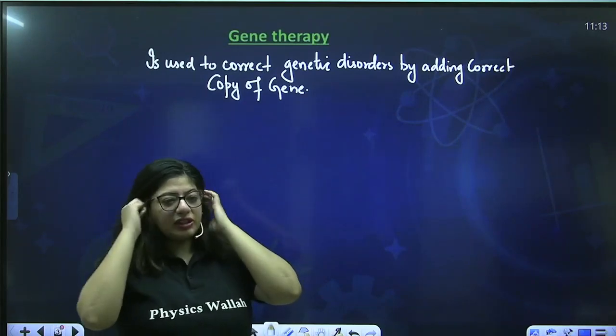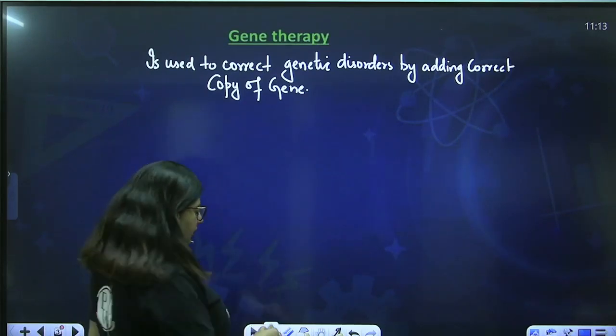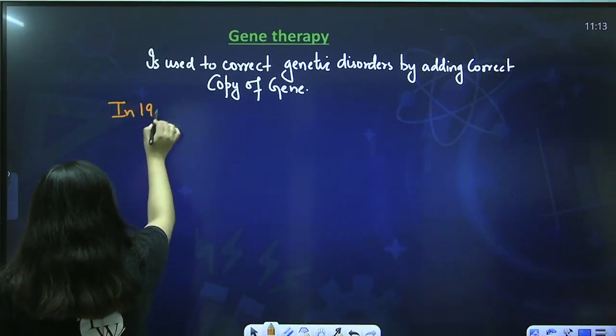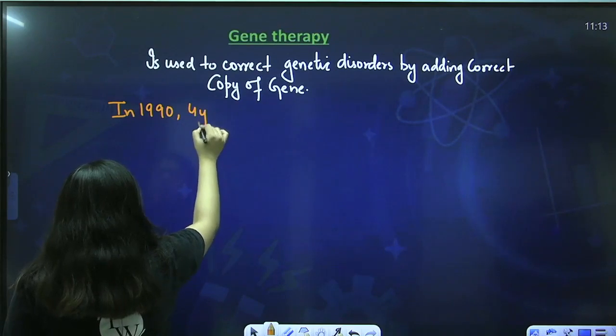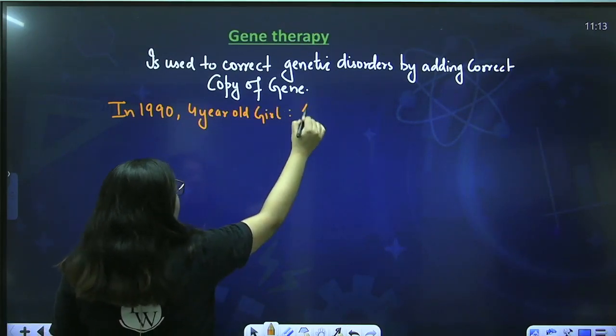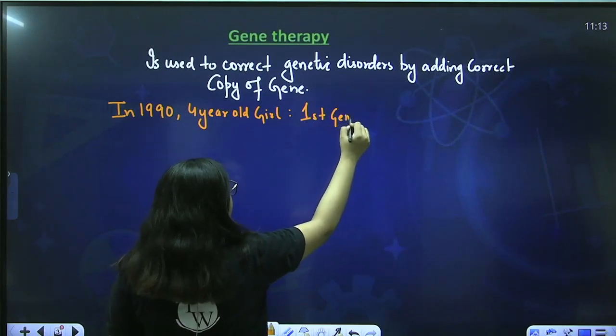So the first gene therapy was performed in 1990. Which year? In 1990, in a 4-year-old girl. They performed the first gene therapy.